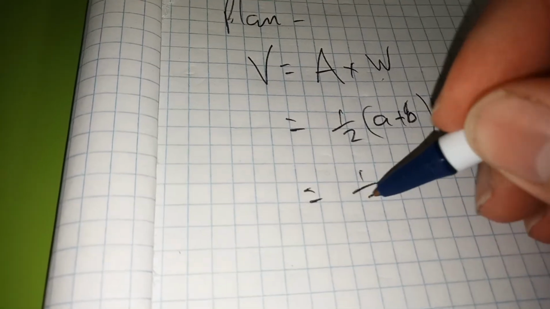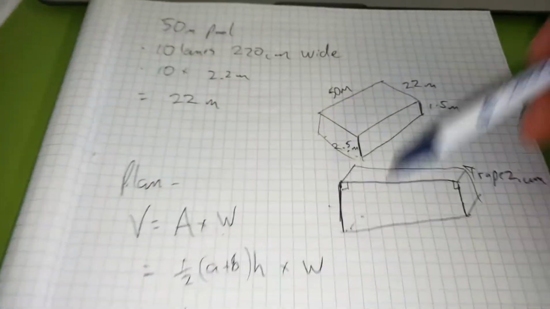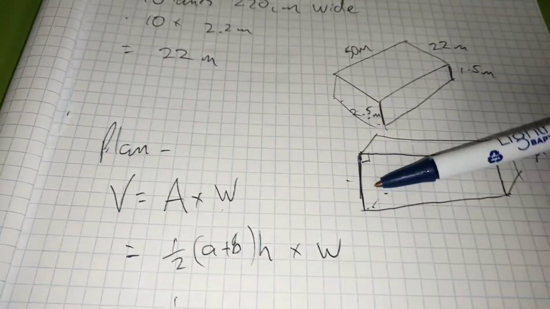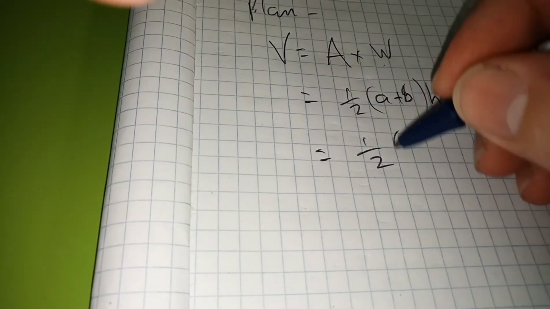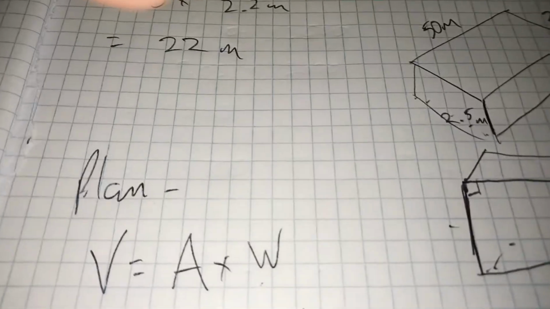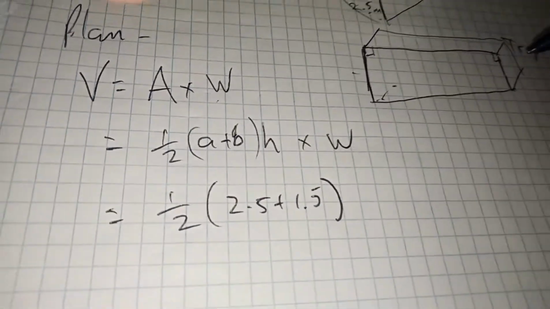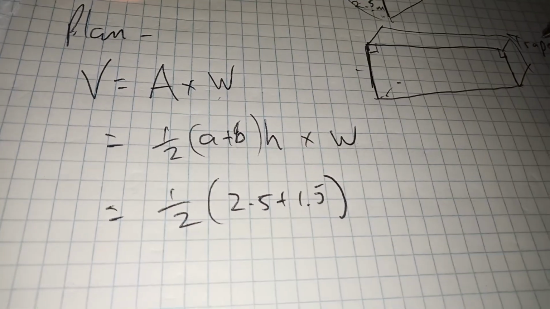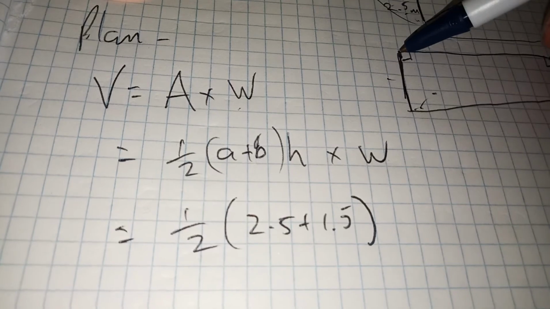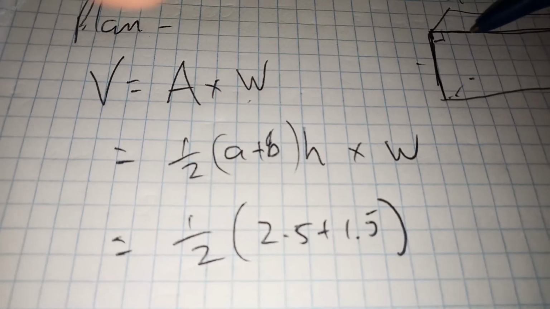Okay, so a half (A plus B). So A and B is the two ends here. So A and B will be your 2.5 meters and 1.5 meters. So 2.5 plus 1.5. And then your height, in this case, is the height of your trapezium here, which is actually the length of the pool.